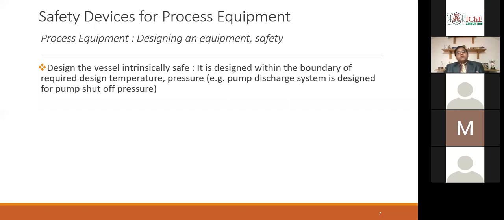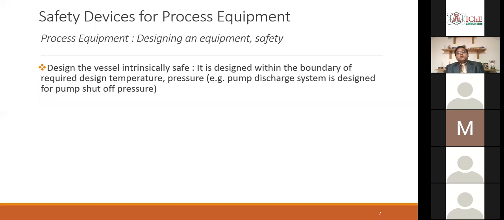Say for a pump discharge system, there is a pump which is discharging into a complex system. So you design the entire pump discharge system for the pump shut-off pressure. So what is shut-off pressure?